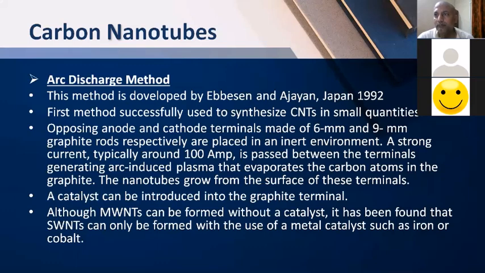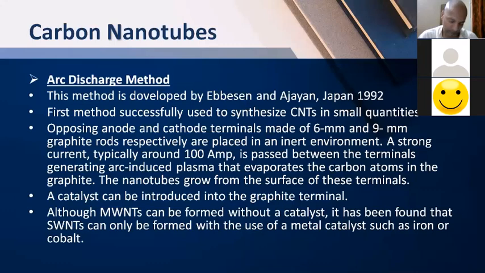In the arc method, we have a cathode and anode made of graphite, and we apply high voltage and high current, approximately 100 ampere.